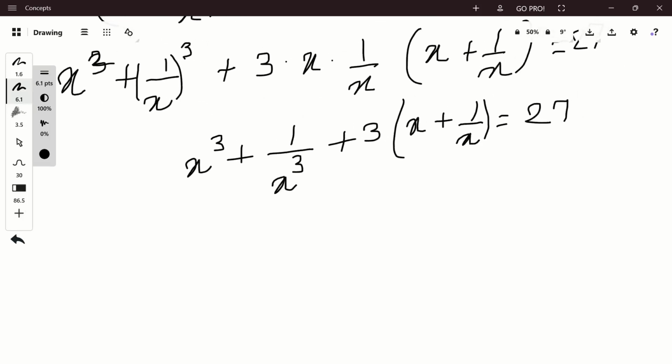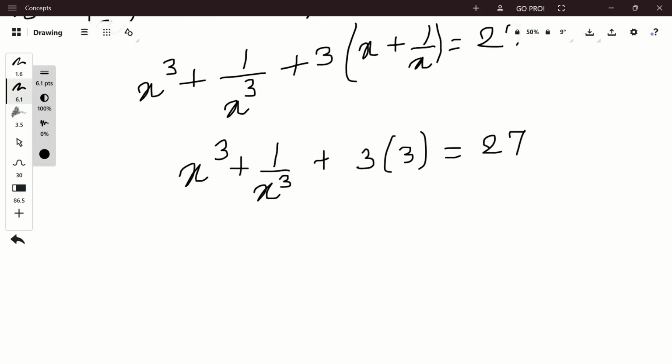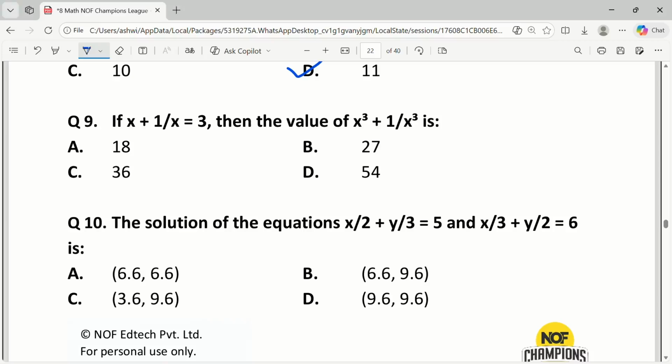Substituting the value of x plus 1 upon x as 3, we have x cube plus 1 upon x cube plus 3 into 3 is equal to 27. So the value of x cube plus 1 upon x cube is equal to 18. Reviewing the options, the answer is A, 18.